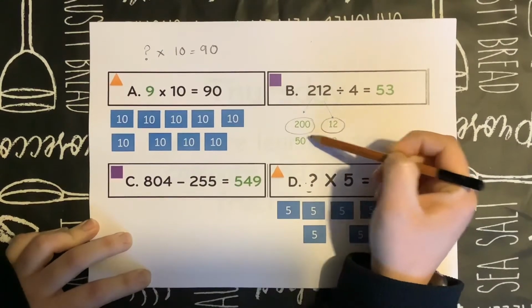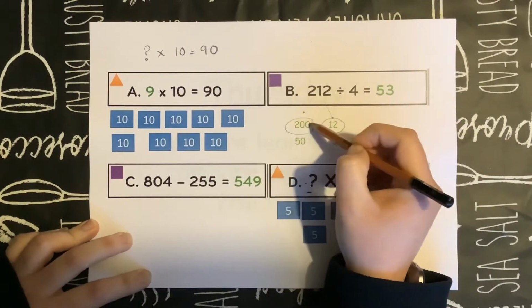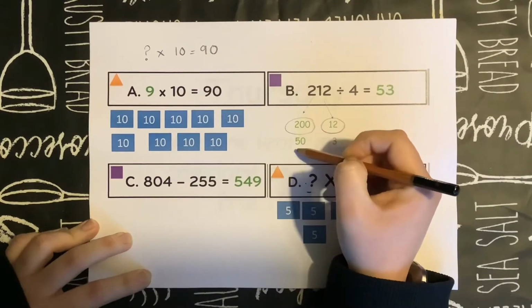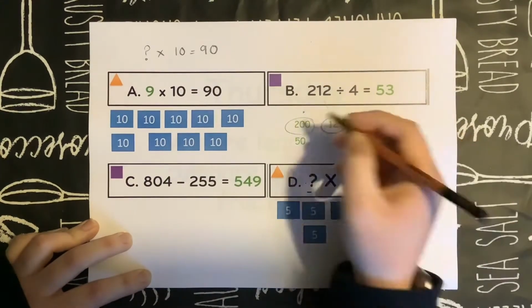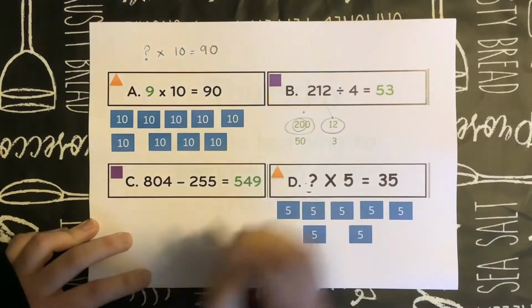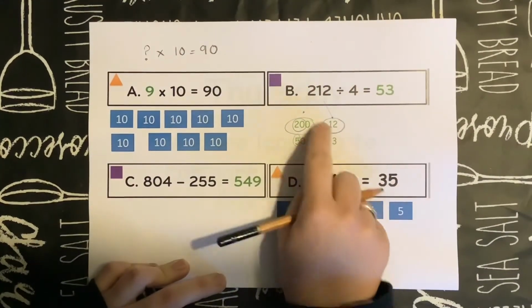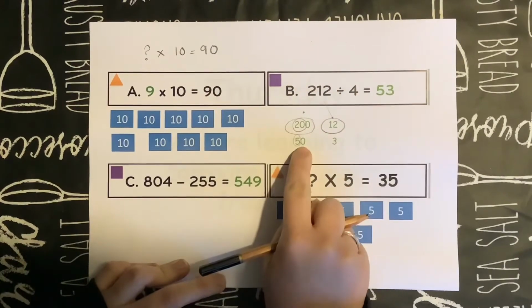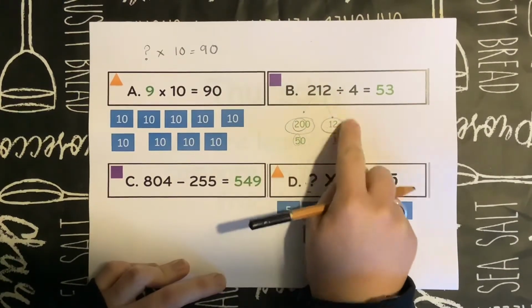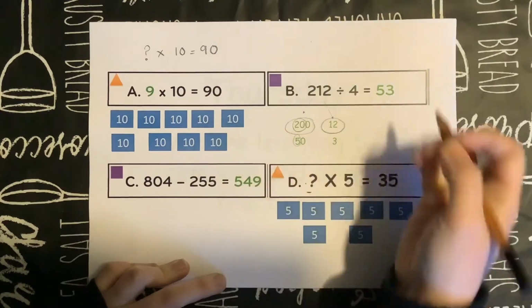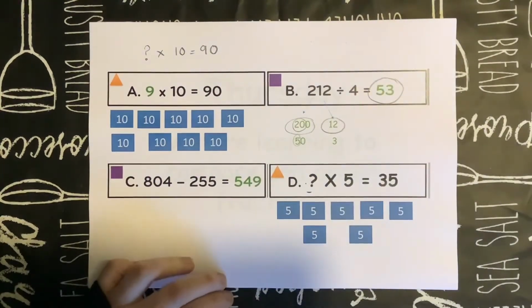I know that because 200 divided by 2 is 100, divided by 2 again is 50, or 20 divided by 4 is 5. So if I divide my 200 by 4, it's 50, and if I divide my 12 by 4, it's 3. I can just put those together. So I know the answer is 53.